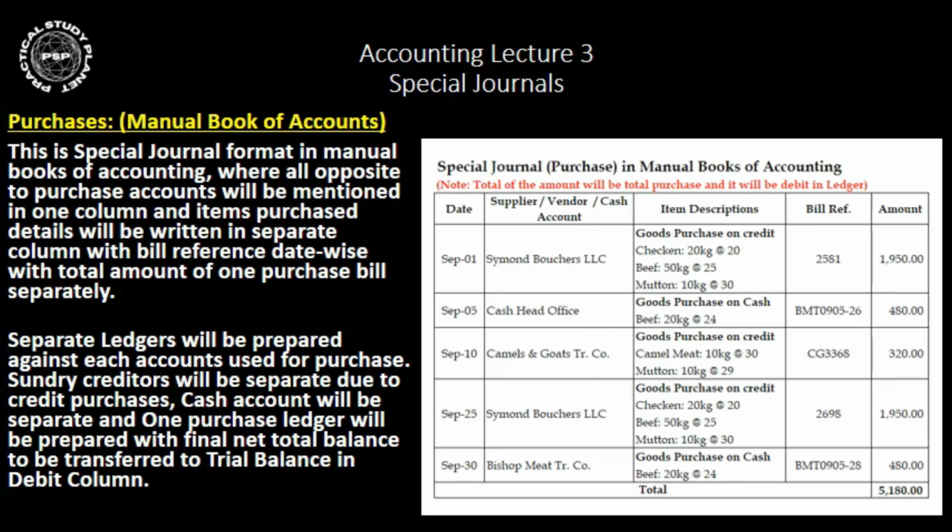As shown in the figure, separate ledgers will be prepared against each account used for purchase. Here in this example, sundry creditors will be separate due to credit purchases, the cash account will be separate, and one purchase ledger will be prepared with the final net total balance to be transferred to the trial balance in the debit column.